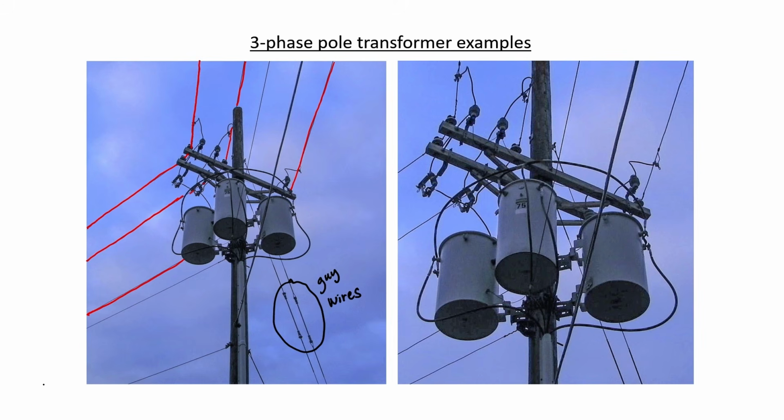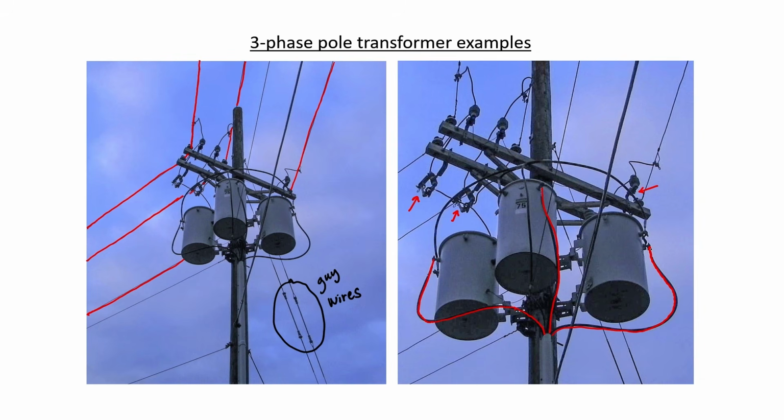It's not so easy to see whether the primary side of this transformer bank is in the star-delta configuration, but we can clearly see the three cutouts, the fuses, on the primary side. If we look at the secondary side of these three transformers, we can see that it's definitely a star connection. I know that it's a star because each line makes only one connection to a transformer.